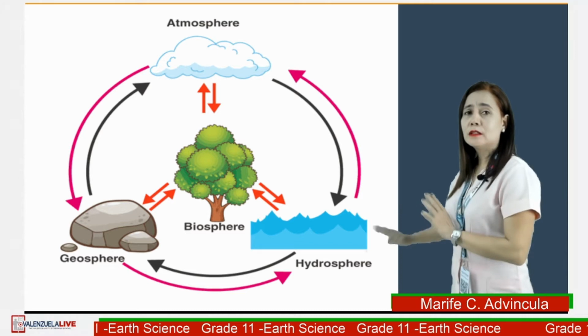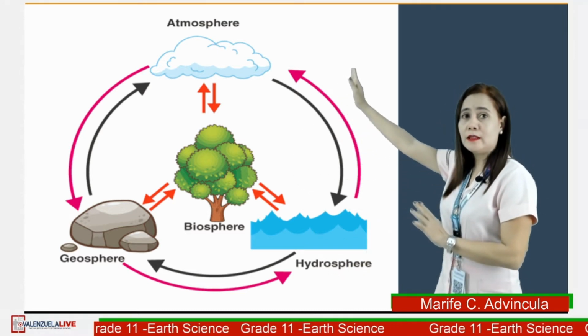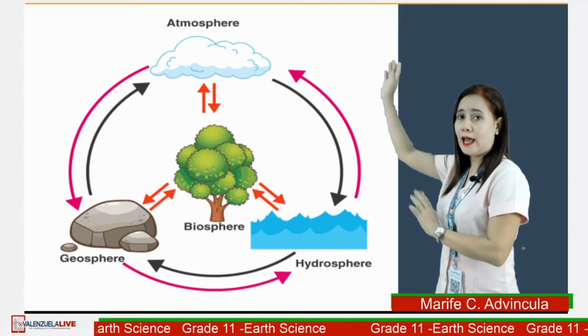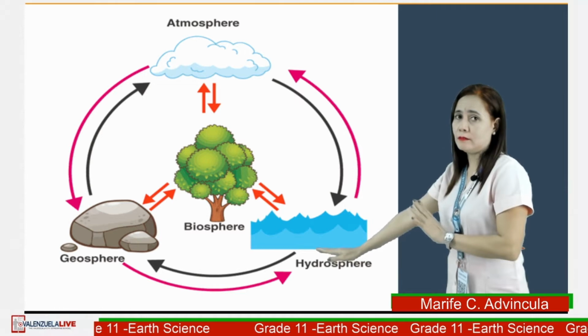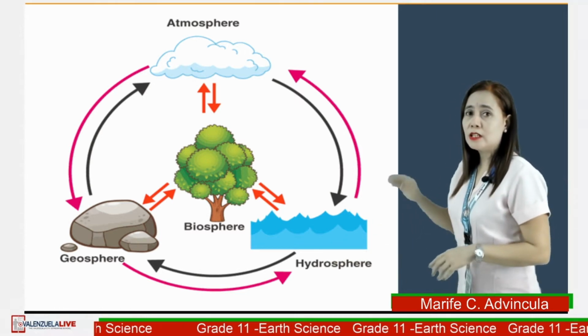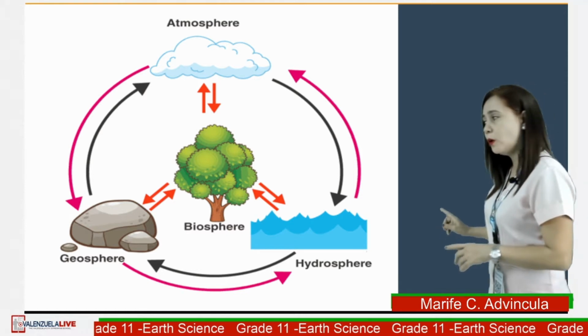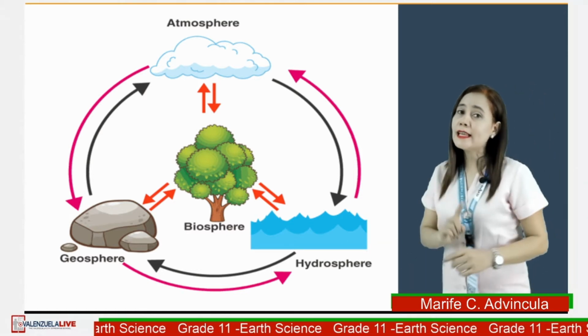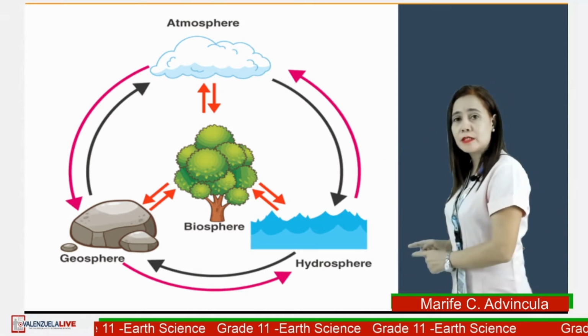How about the geosphere as it interacts with the atmosphere? And if the atmosphere, how it interacts with the geosphere. Next, the geosphere with the hydrosphere and also vice versa. And lastly, the biosphere with all the 3 subsystems.